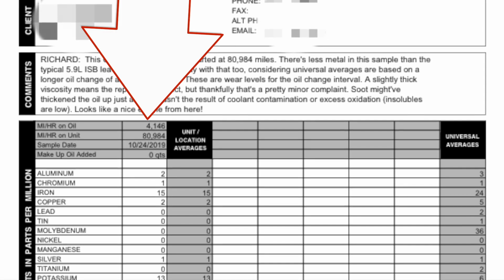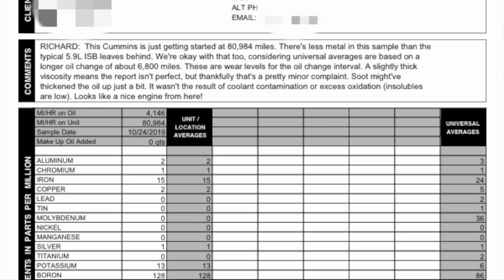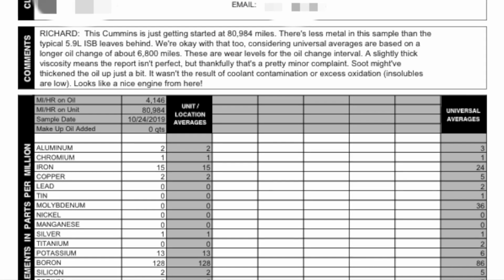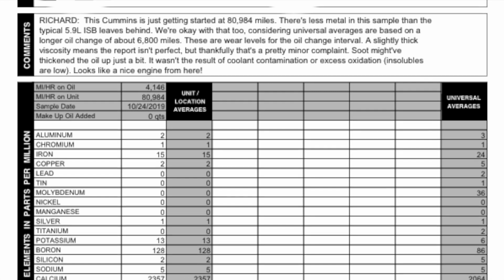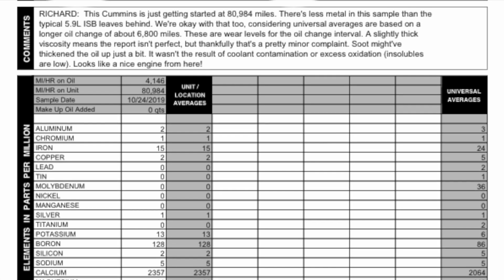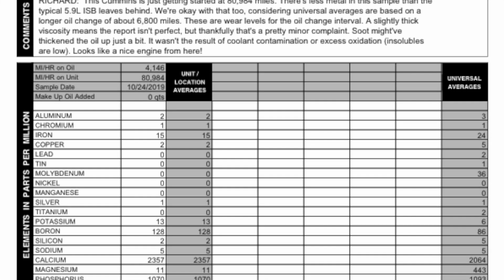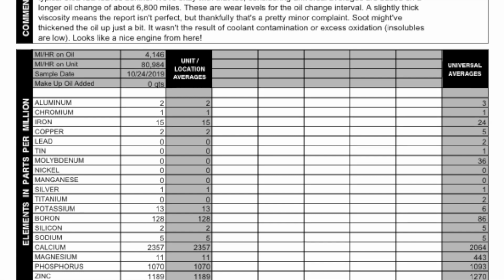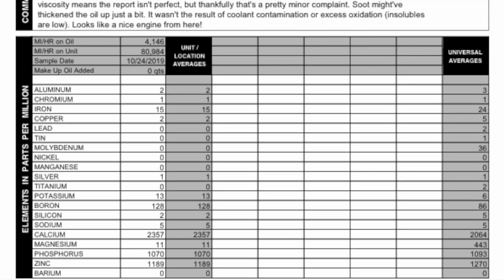The next column to the right is what's in your particular sample, and then the gray column next to that is the unit average. As you get more of these samples, it'll bring up the average for whatever number of samples you've had so far. Going further right, the next several columns are blank areas for future analyses if you get those done with your particular vehicle.